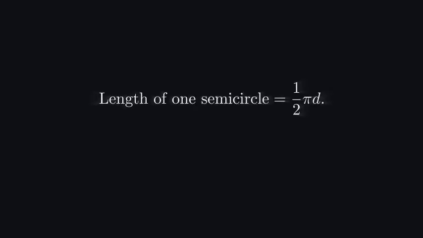Length of one semicircle equals 1 over 2 pi d. So this simplifies to equals 1 over 2 times 22 over 7 times 56, which equals 1 over 2 times 176, which equals 88 meters.